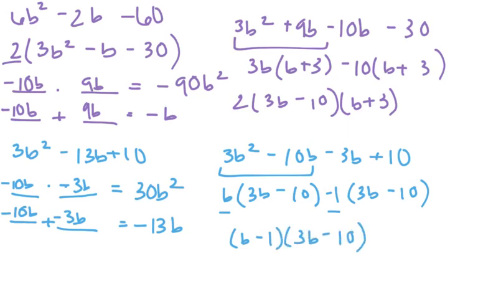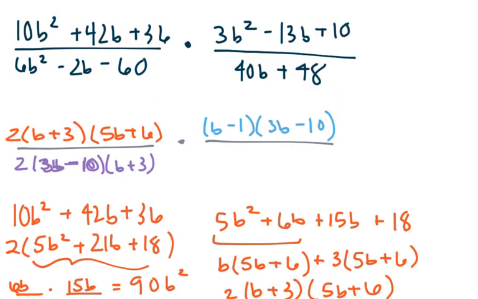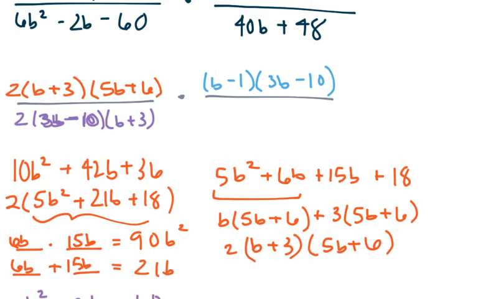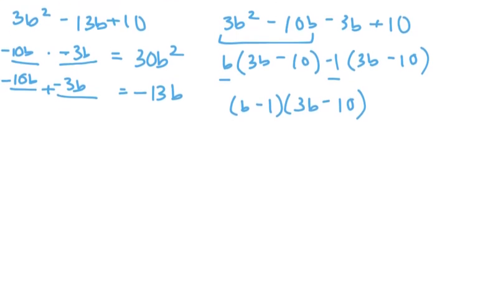So now I can move that to the top. Alrighty, one more thing to factor: 40b plus 48. It's not a quadratic, but that doesn't mean we can't factor it, right? We can look and see what it has in common and pull that out. So 40 and 48 are both divisible by 8.